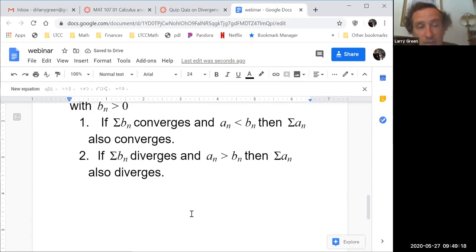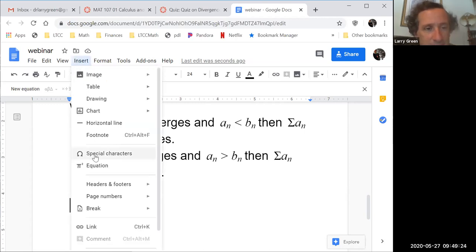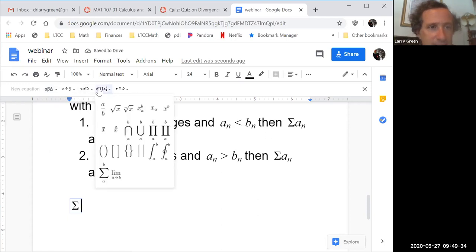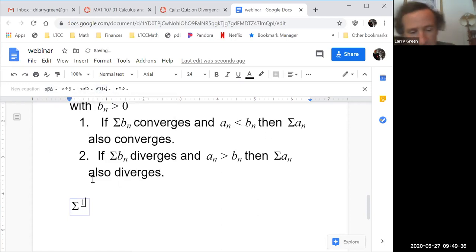Okay, let's suppose we want to look at a really fun, easy example. How about the summation of the fraction 1 over n to the 5th power times e to the n.